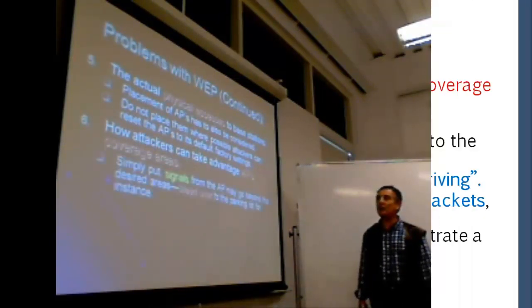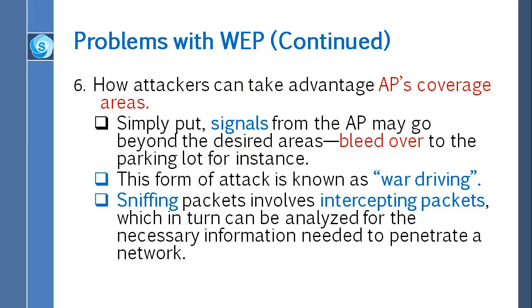If you are in that coverage area, if you are getting the signal from the AP, and there is no security configuration on that one, you have access to the network. We call that bleed over. I know some people who live very close to big corporations like Cisco over here, and like Google over there.